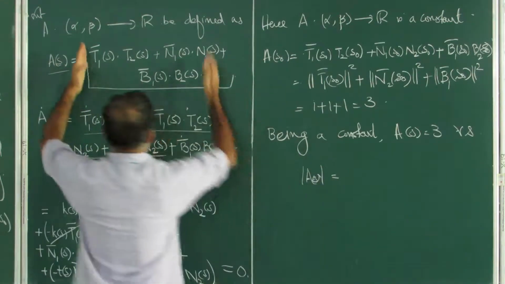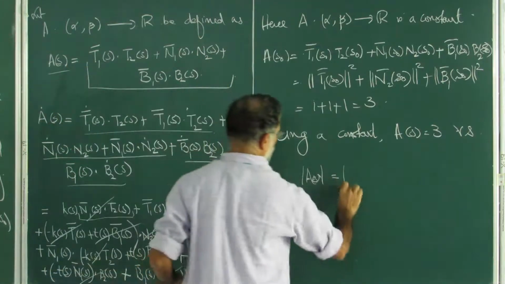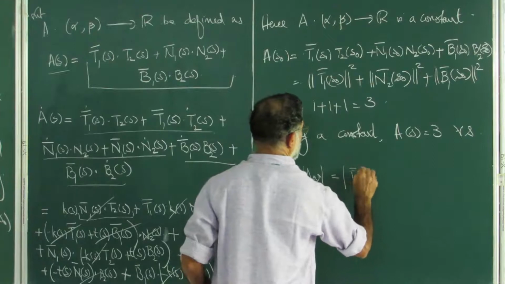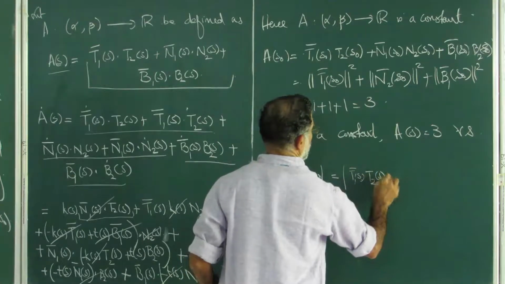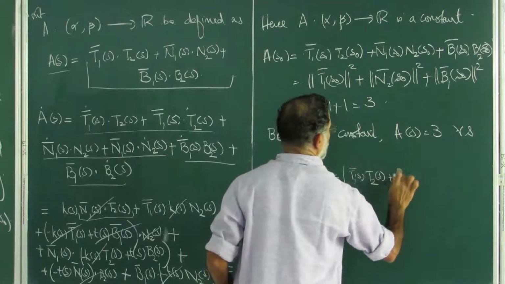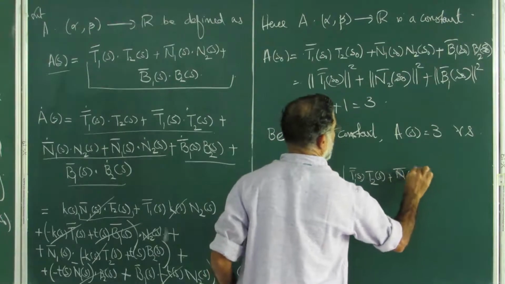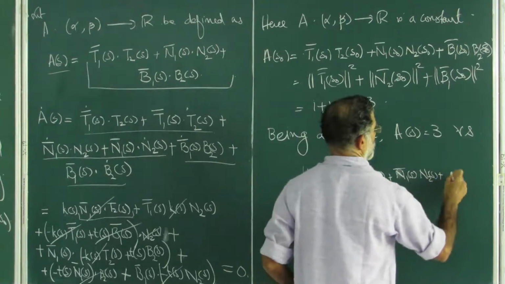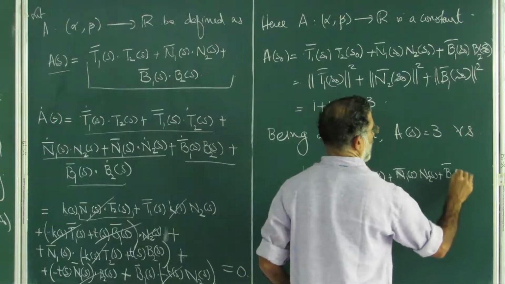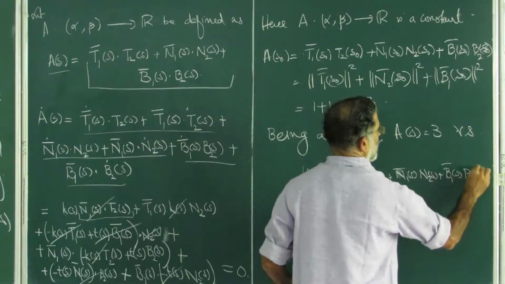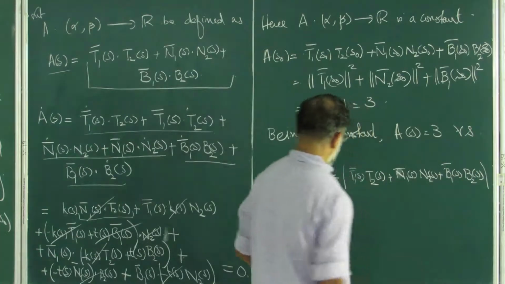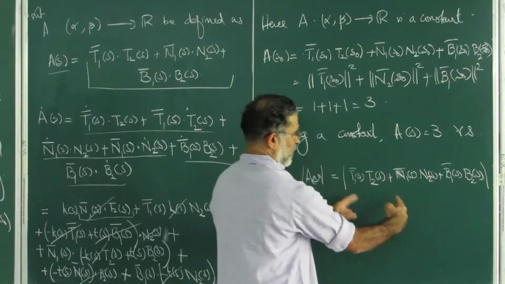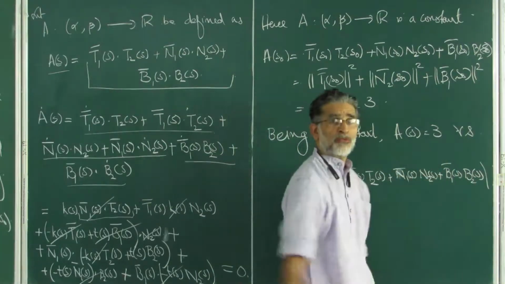That's equal to modulus of T1 bar S T2 S plus N1 bar S N2 S plus B1 bar S B2 S. By triangle inequality, you can easily write this is going to be less than or equal to modulus of this plus modulus of this plus modulus of this.